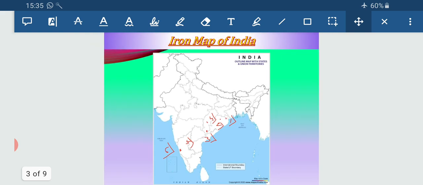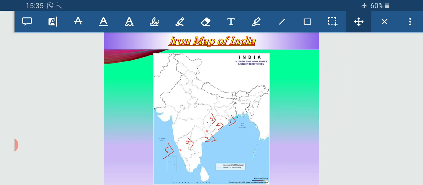Point number 1, which is in the eastern Odisha, that is Mayurbhanj. Point number 2, which is just adjacent towards the left of plotting number 1, that is Kendujhar. Then plotting number 3, in the southern tip of Chhattisgarh, that is Bailadilla.